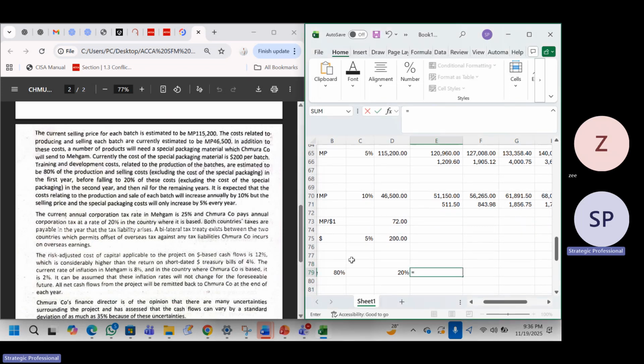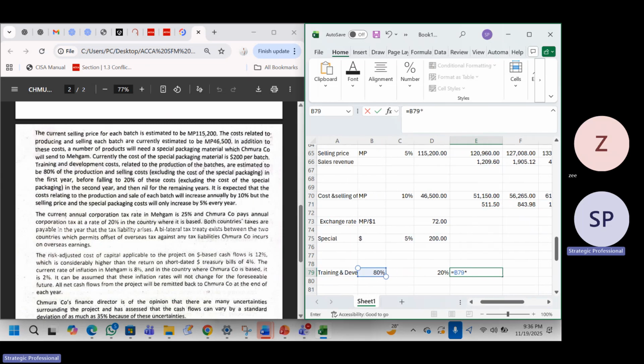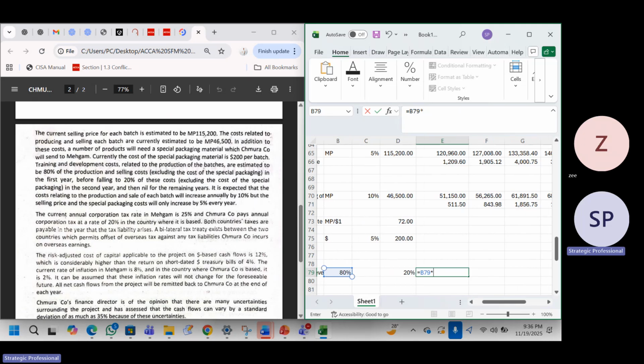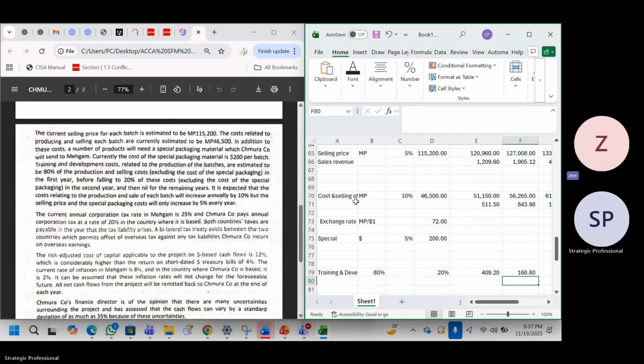Year one will be 80% of this cost and selling, which is this volume, while year two will be 20% of the second guy.